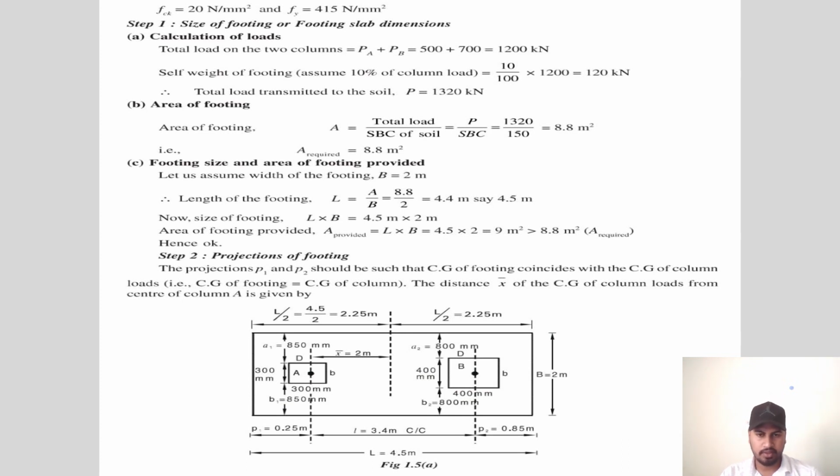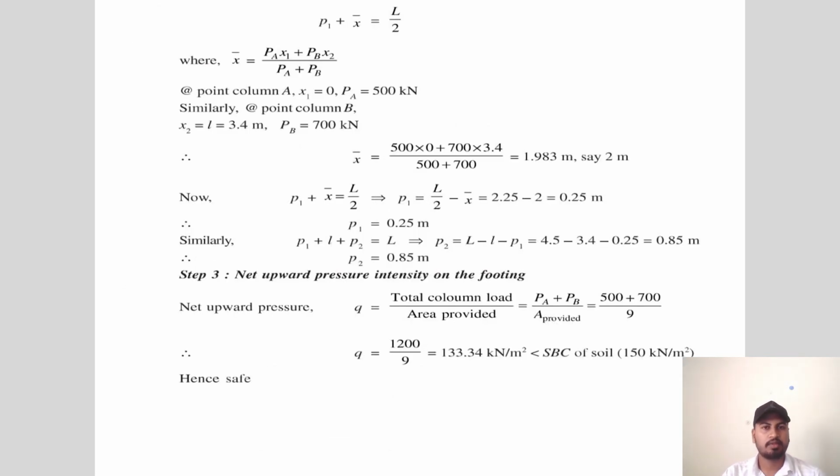In this figure we can see the 2 meter width and 4.5 meter length of the whole footing, and each column has its own dimensions, that is 300 by 300 and 400 by 400. From there, P1 plus x bar is equal to L by 2.